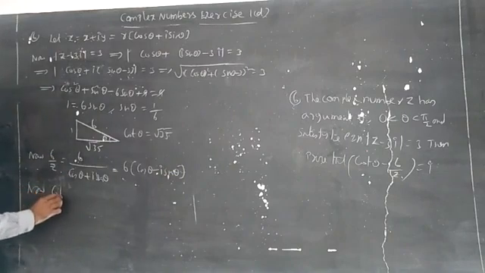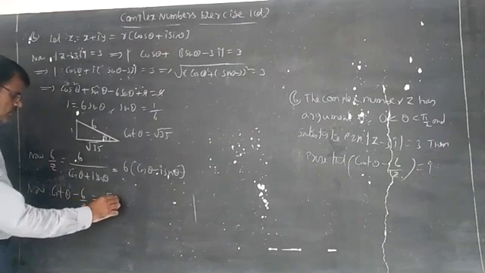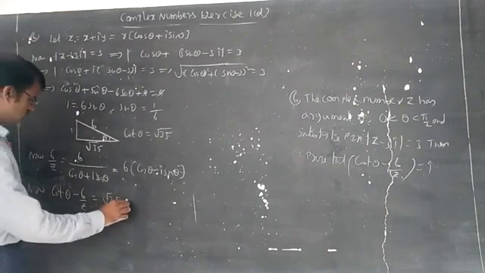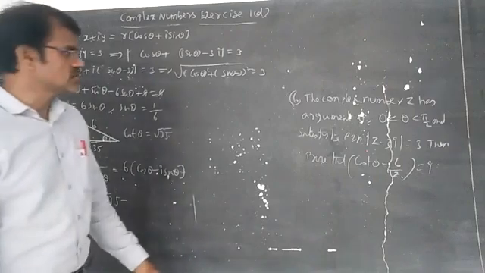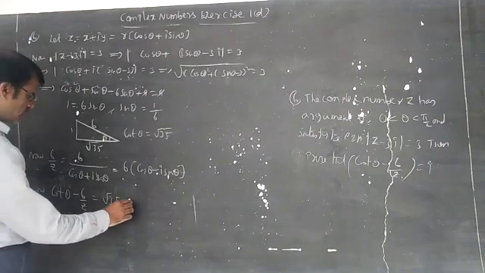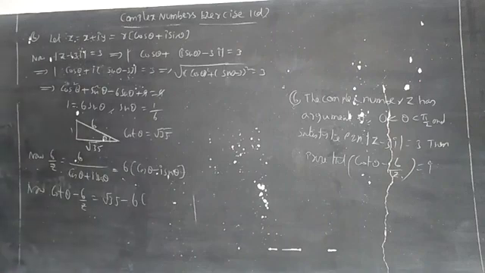Now let us calculate cot theta minus 6 by z. That is, cot theta is equal to root 35, root 35 minus 6 by z. So 6 by z means here cos theta minus I sin theta. Modulus of z minus 3 is equal to 3. Here it is okay. 6 by z we got 6 into cos theta minus I sin theta.